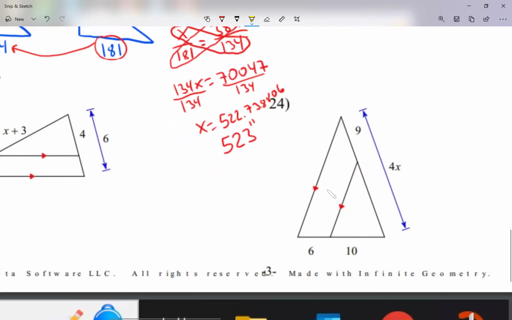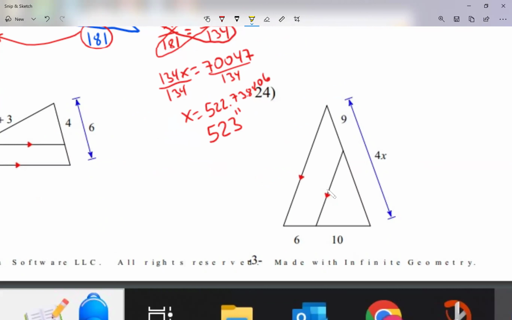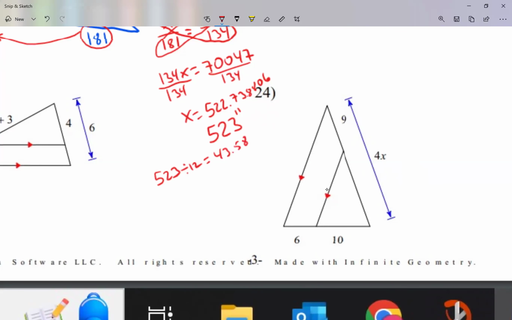First of all, I'm going to go 523 divided by 12. It gives me 43.58 and then yada yada. So that tells me it's 43 feet and some inches.